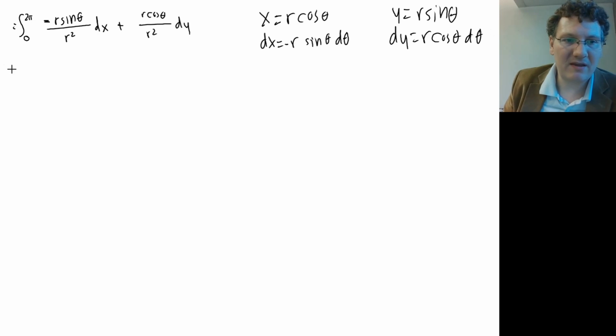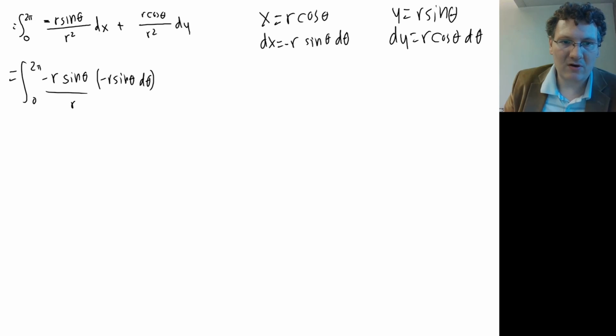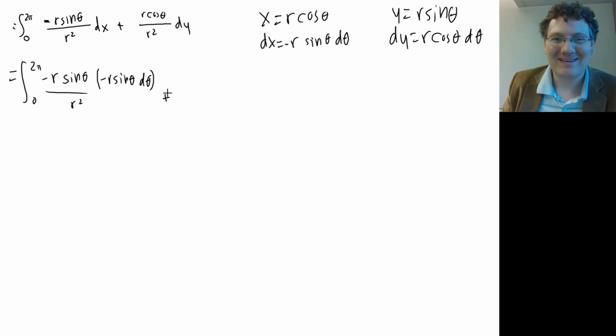We plug all this in and we get the integral from 0 to 2 pi of negative r sine theta times negative r sine theta d theta over r squared plus r cos theta over r squared times r cos theta d theta.